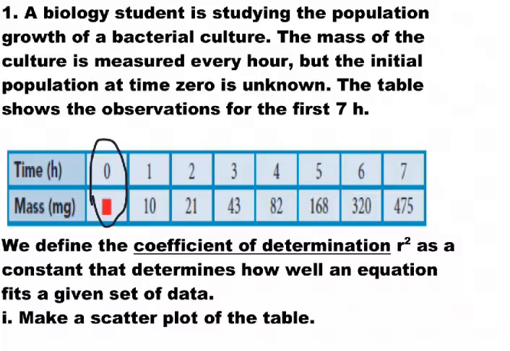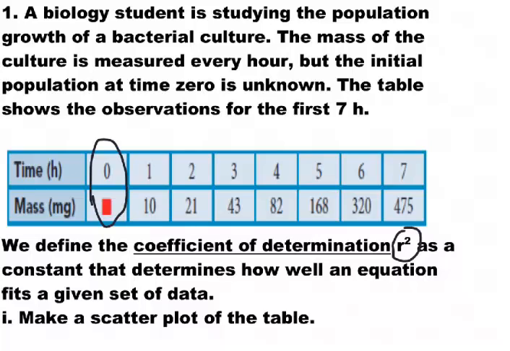We are going to define r squared, which is the coefficient of determination, and it's a constant which is going to tell us how well an equation fits a given set of data. What I mean by this is that given this table of values, I can either fit a linear equation which goes through the majority of these points, or I can fit a quadratic or an exponential.